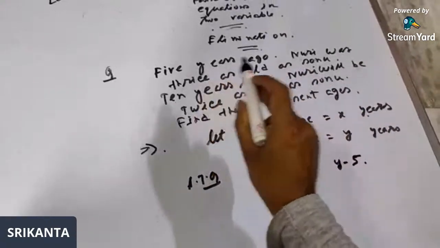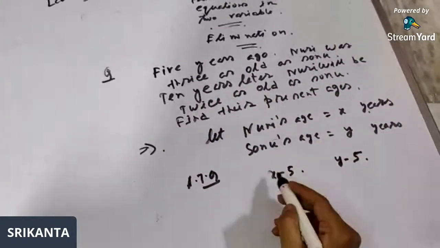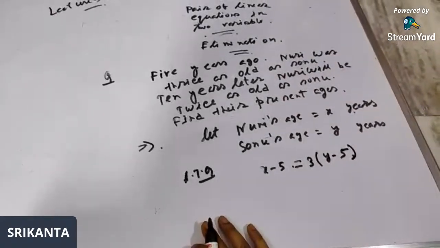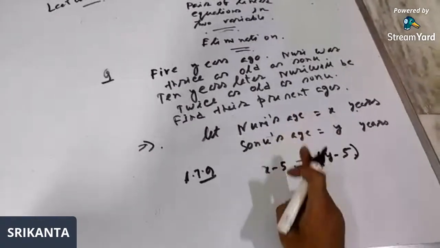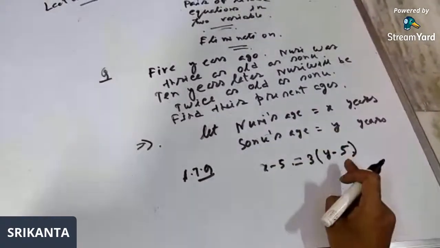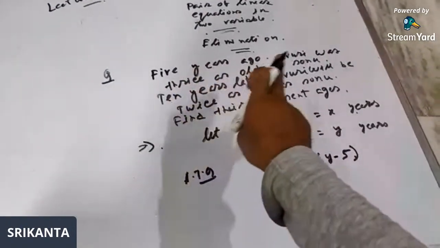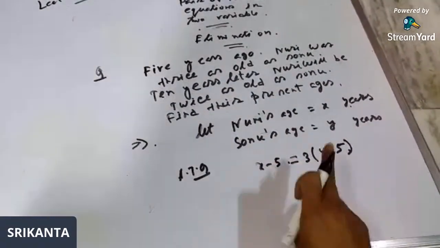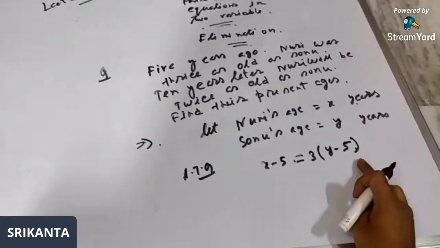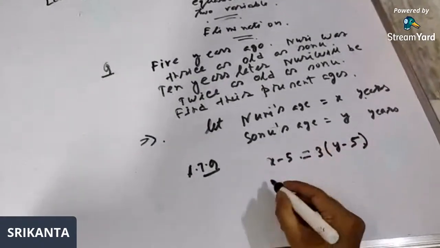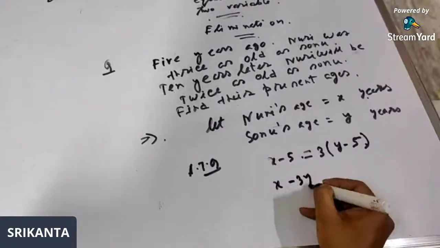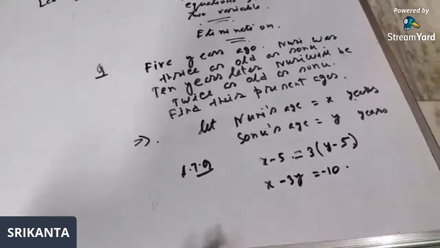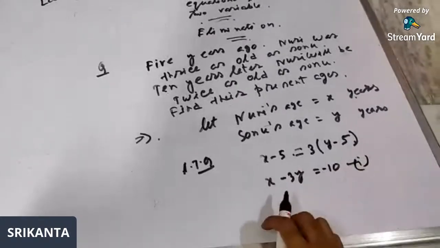Nuri was thrice as old, that means 3 times as old as Sonu, right? So x minus 5 is equal to 3 into y minus 5. If you simplify, this will become x minus 3y is equal to minus 10. You put this as equation 1.